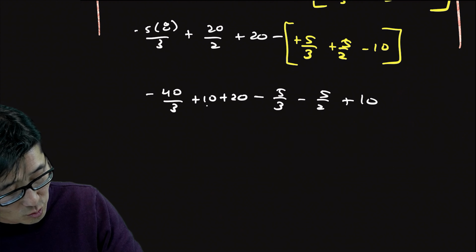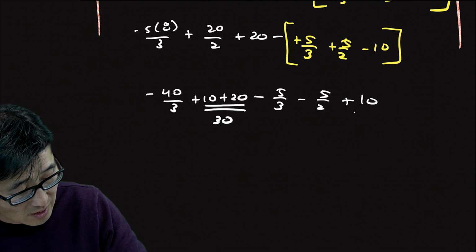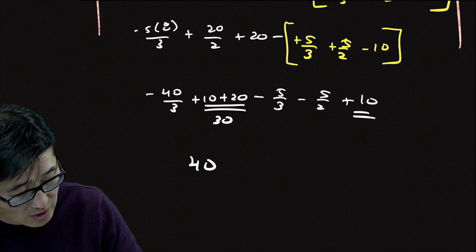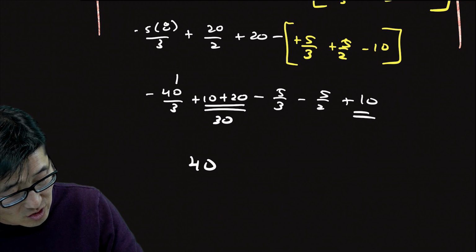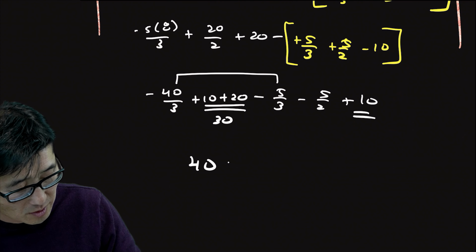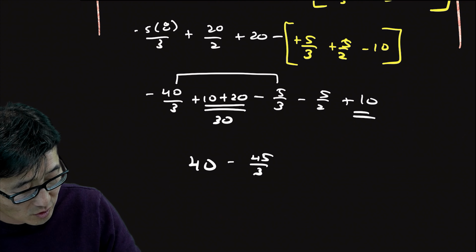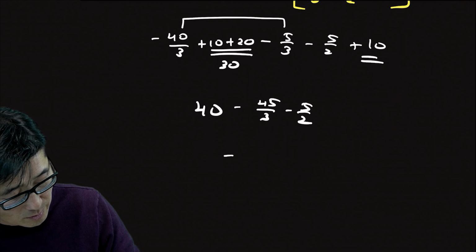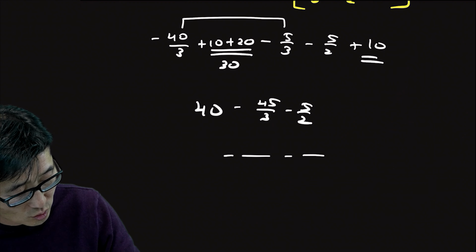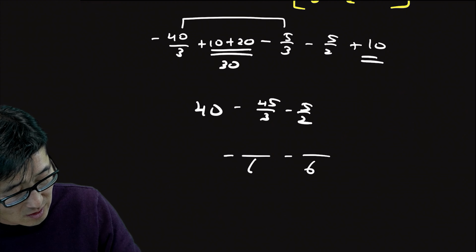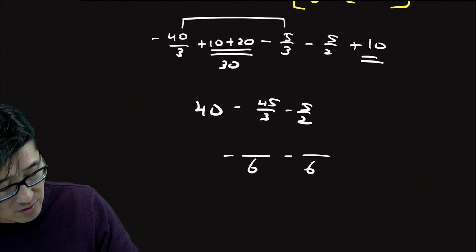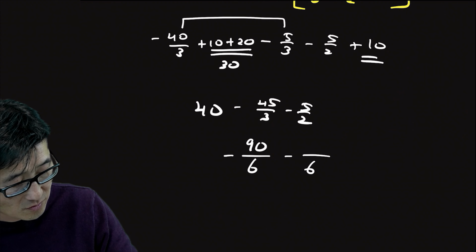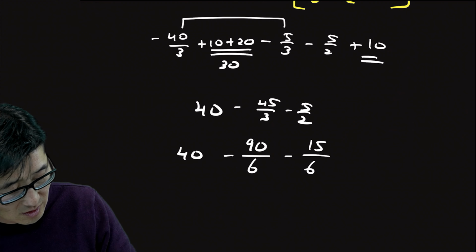Whole numbers, this will be 30 and 10. That will produce 40. And then these two have the same denominator, so that will be negative 45 over 3 minus 5/2. And then you can get a common denominator for those two. So it's 6. And then 2 times 45 is 90. 3 times 5 is 15.